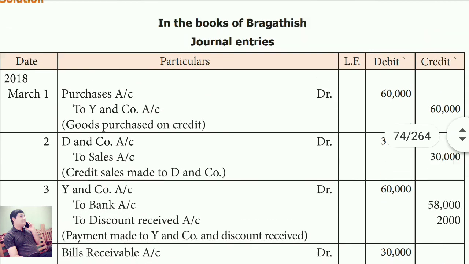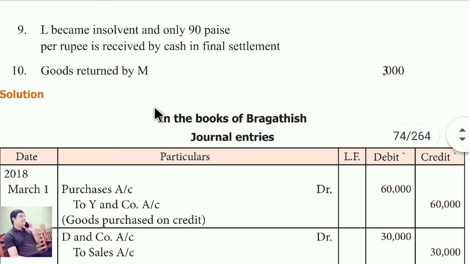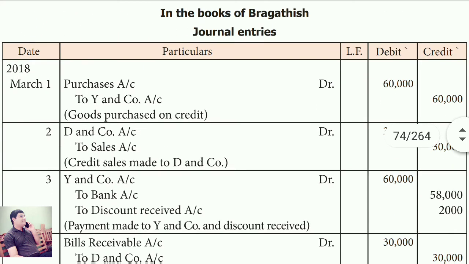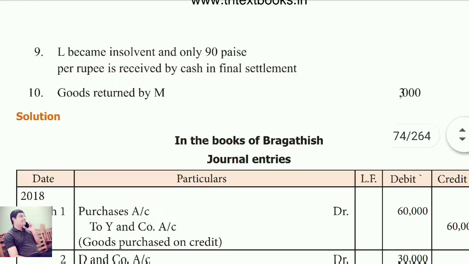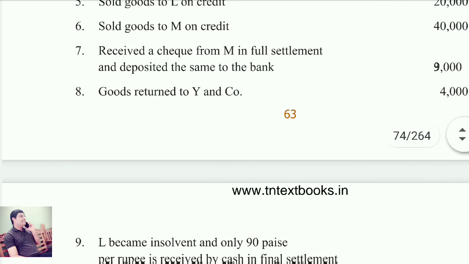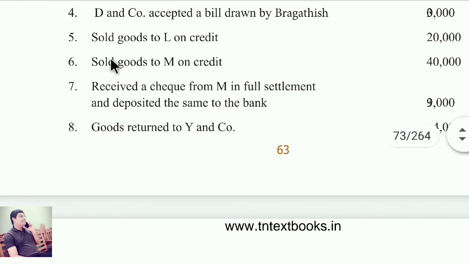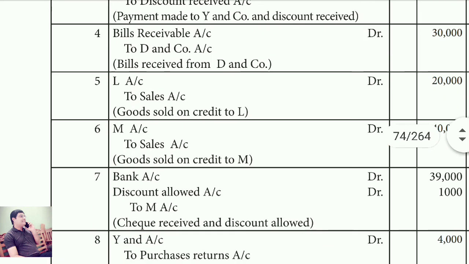Last entry, goods returned by M rupees 3,000. So M returned the goods, rupees 3,000. So M is what? To M what have we done? We sold goods to M of 40,000 rupees. Now he returned them. It means sales return.